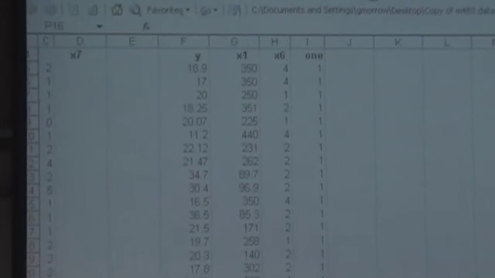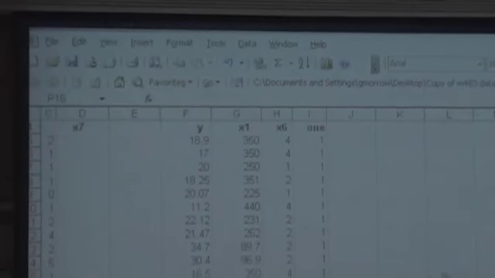There's the data for problem 3.5. So let's go ahead and find SS res full first, and then MS res full, which is the sigma hat squared. Okay, so let's just go ahead and regress y on both variables. So what do I need? Tools, data analysis. Hey, it's still there. Good. Okay, regression.